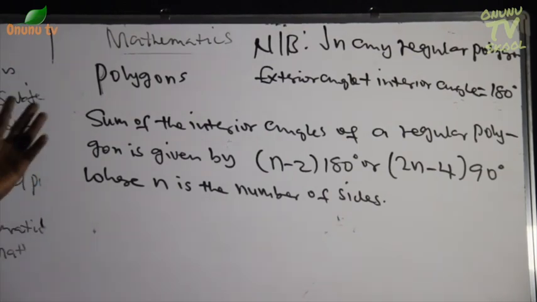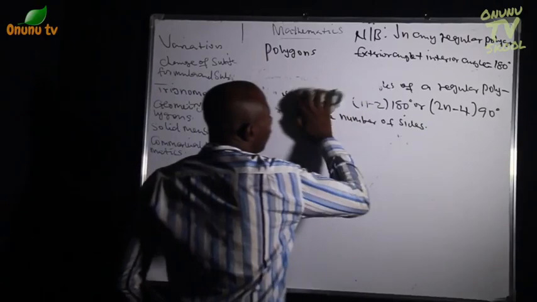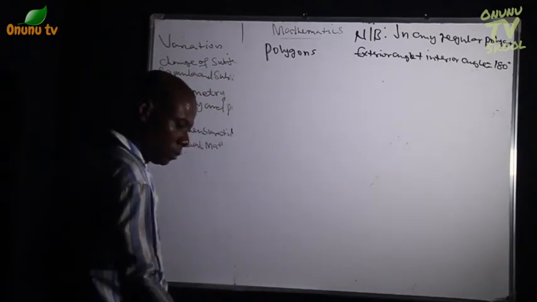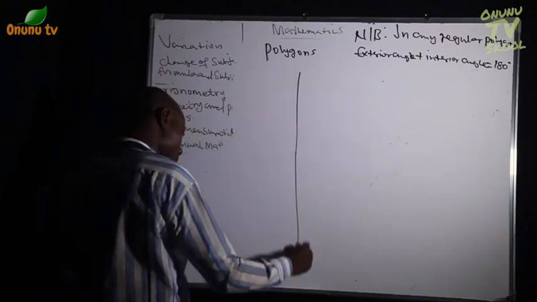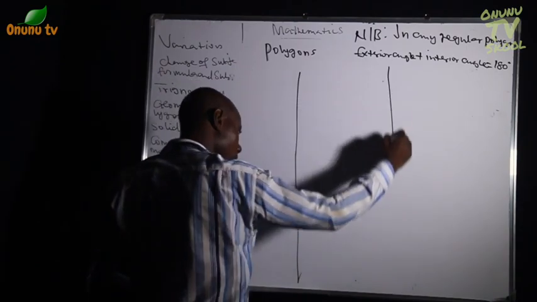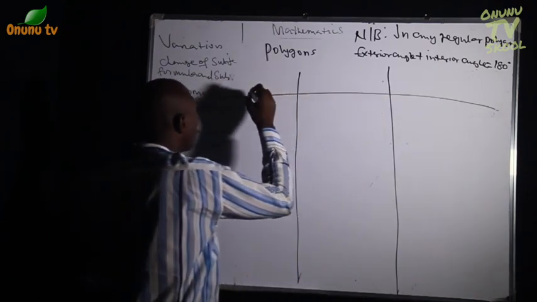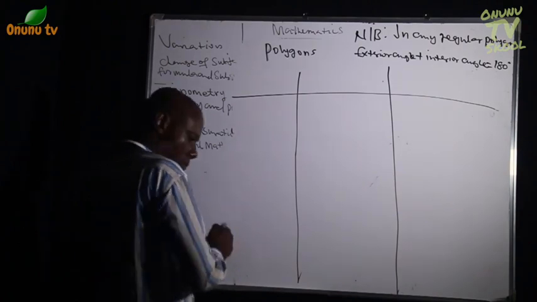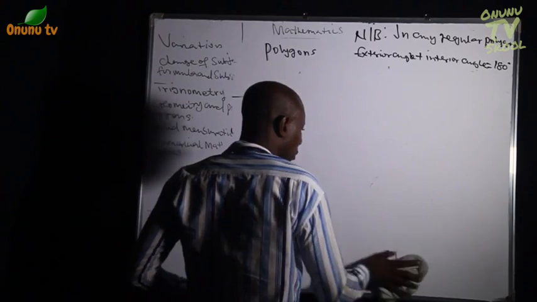Now, polygons are classified based on their number of sides, which we are going to list down here in tabular form.